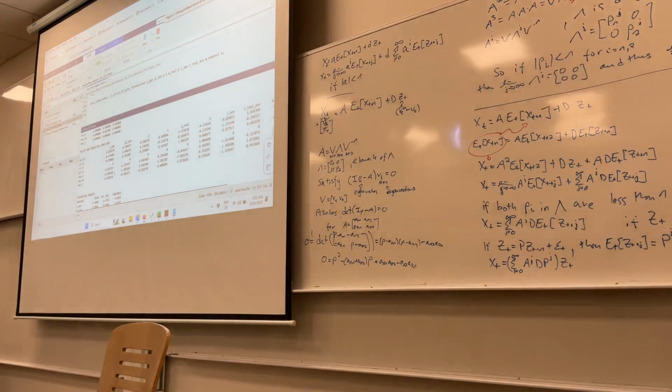So what we've calculated with the method of undetermined coefficients is the response of our variables to this shock nu. And the specific parameter values we chose, these are those numbers.